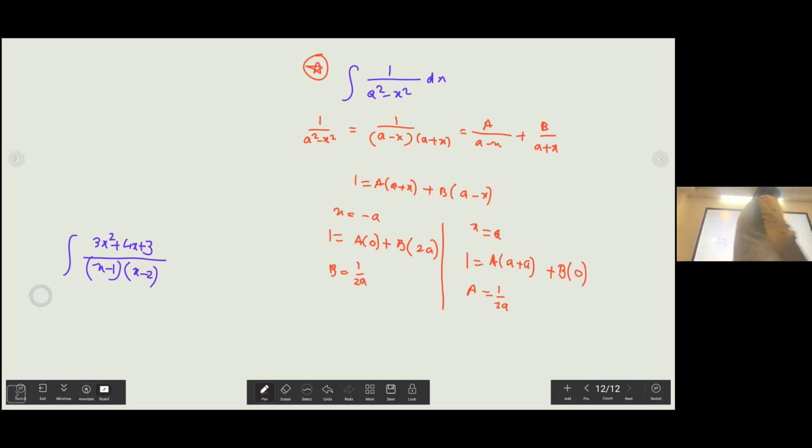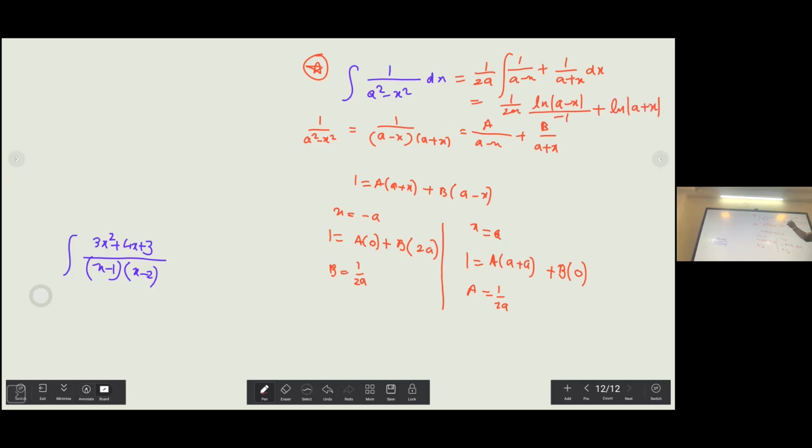So the same thing can be written as 1 upon 2a, integration of 1 upon (a minus x) plus 1 upon (a plus x). I took 1 upon 2a common because it is part of both A and B, so that's 1 upon 2a. And the integration is ln|a minus x| times negative 1 plus ln|a plus x|.